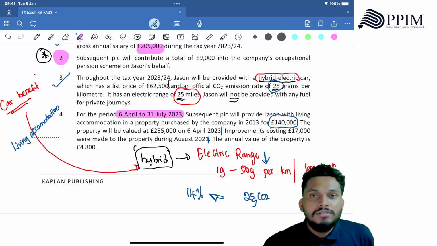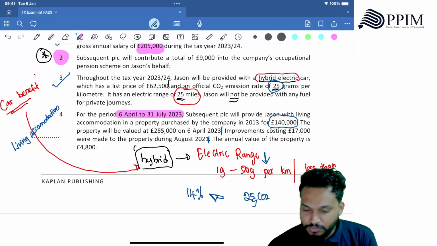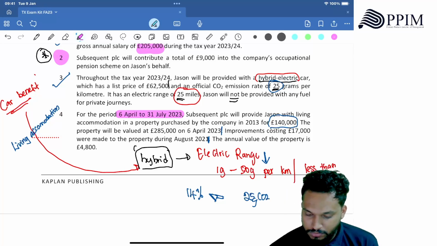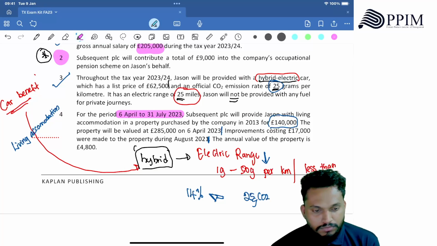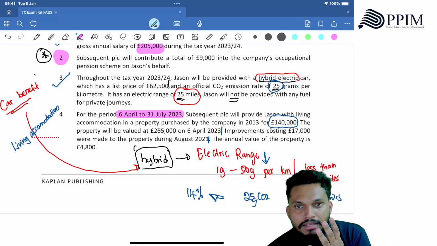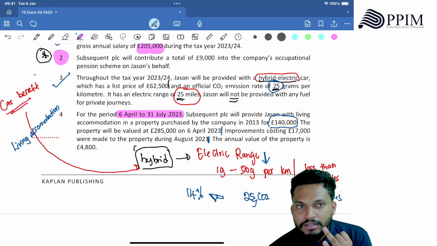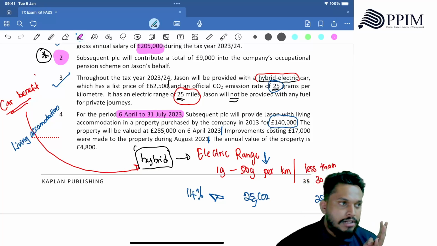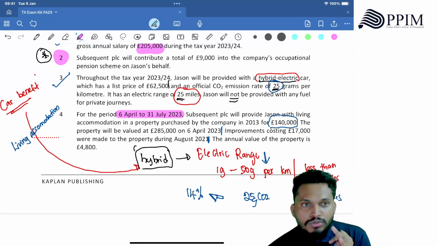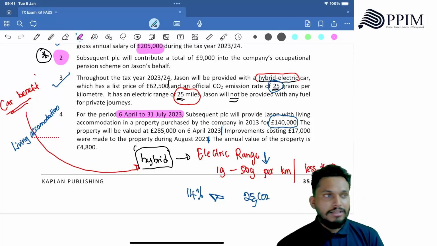How many months? May, June, July, or how do you need to take it: April, May, June, July? Is that the way you need to take it? Now that's the question.